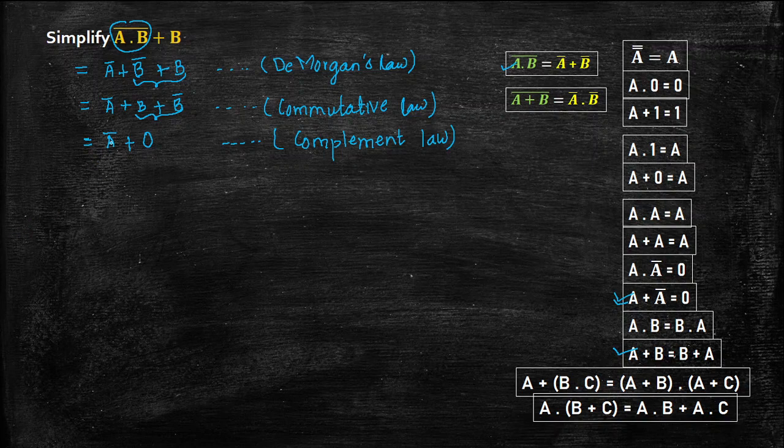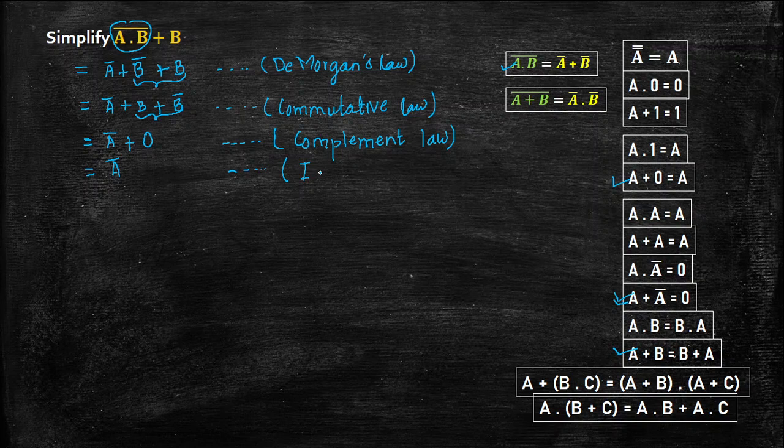Now you can see A complement plus 0. Which law is going to be used here? Yes, this one. Here you can see that A plus 0 is equal to A. That means if 0 is ORed with any variable, you are going to get the variable back. So here, instead of A, it's A complement. Therefore you are going to get A complement as it is, and the law used here is the identity law.